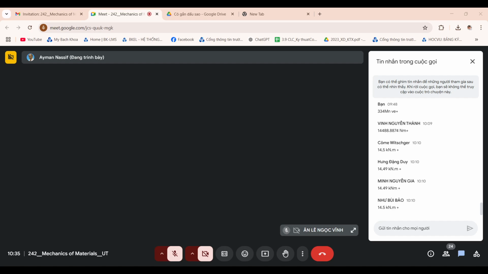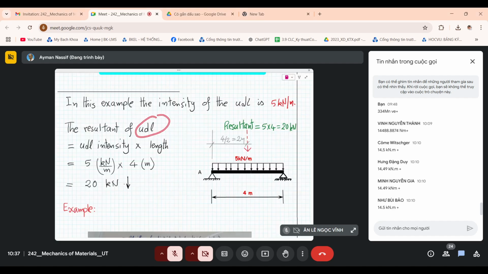The resultant of this loading will be the value of the intensity, the value of the UDL, multiplied by the length on which it is acting. Have a look, please. It is 5 kilonewton per meter. You multiply it by 4 meter, and the resultant will be, of course, 20 kilonewton. So the resultant is not the actual loading.